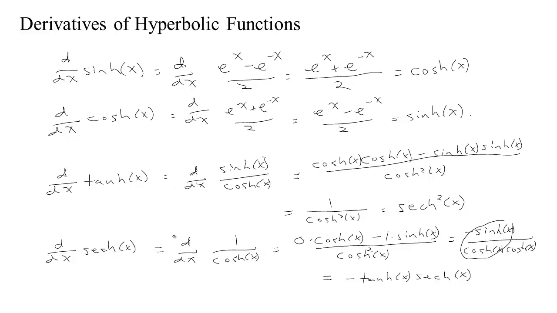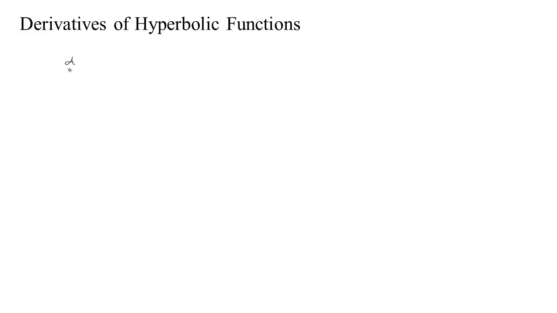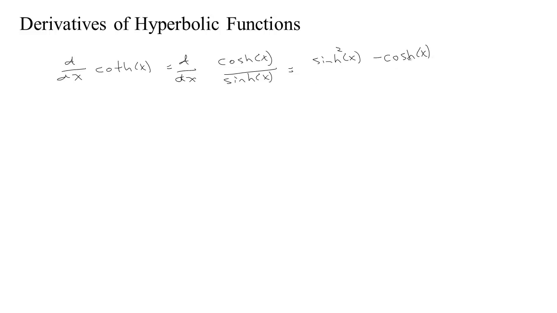Let's do the other two. We need to find the derivative with respect to x of the cotangent, which would be taking the derivative with respect to x of the cosine over the sine. And according to the quotient rule, that's the derivative of the top, and the derivative of the cosine is the sine, times the bottom, so that gives us sine squared, minus the top, which is cosine, times the derivative of the bottom, and the derivative of sine is the cosine, so we have minus cosine squared, all over the bottom squared, so all over the sine squared.